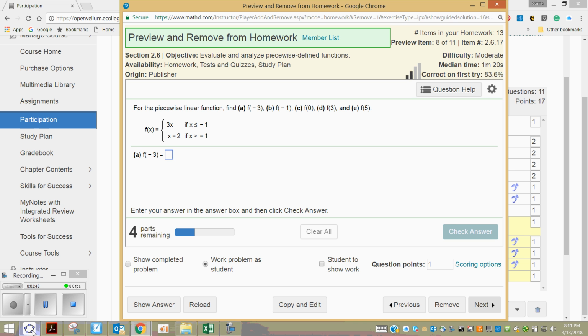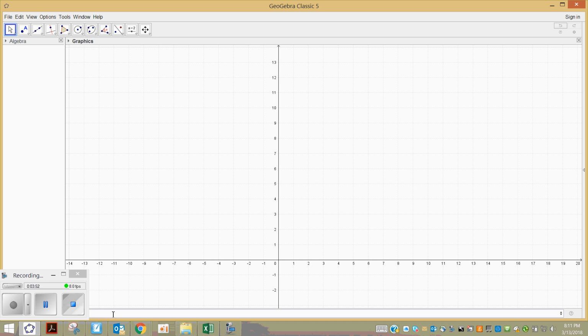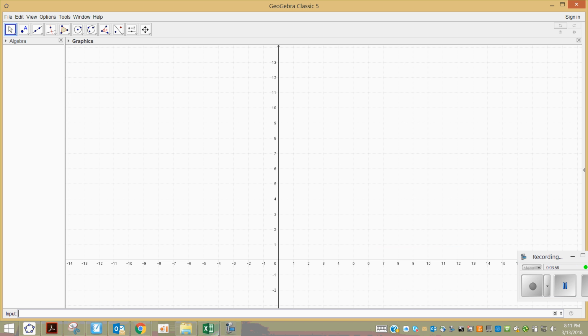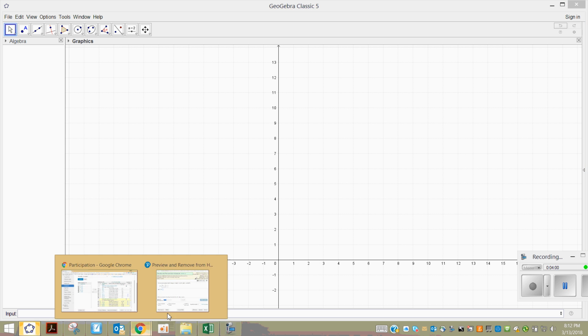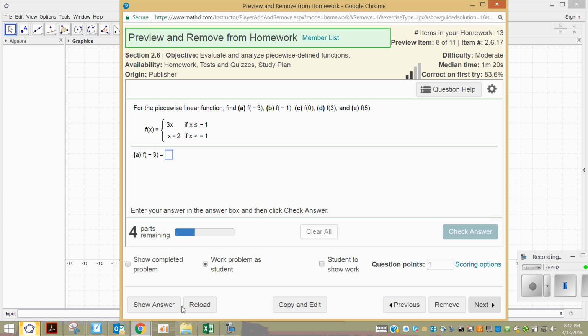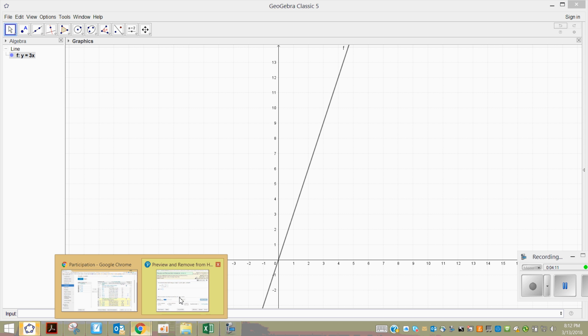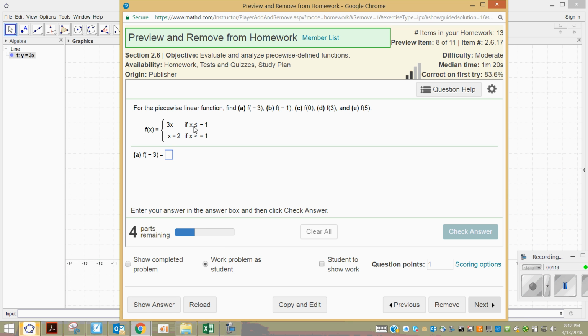So if I graph this thing in GeoGebra, I'll show you what f of x, the first function, was. Let me just show that again. F of x equals 3x, so that would be y equals 3x. Okay, and this piece is only good though for values where x is less than or equal to 1.